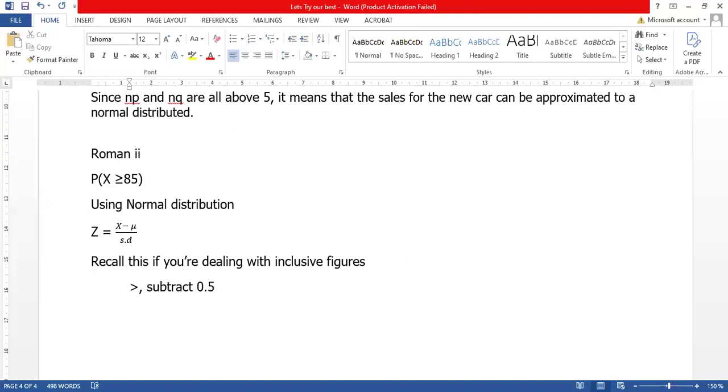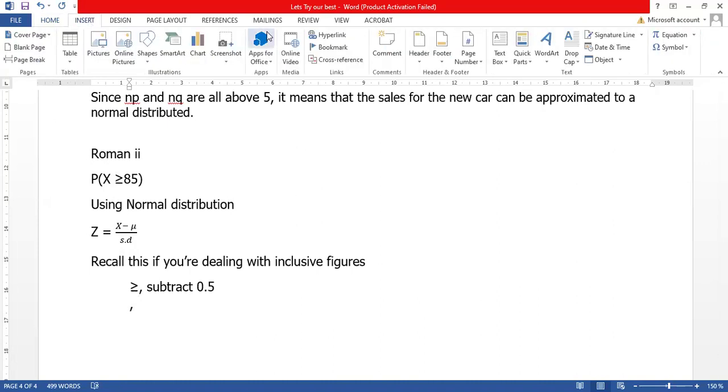0.5. If the sign is greater, you subtract; if it is less, here you add.